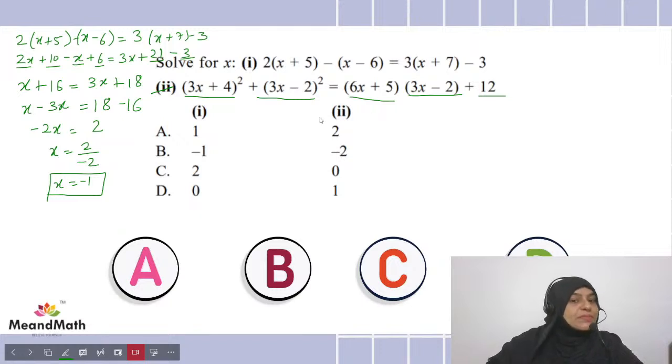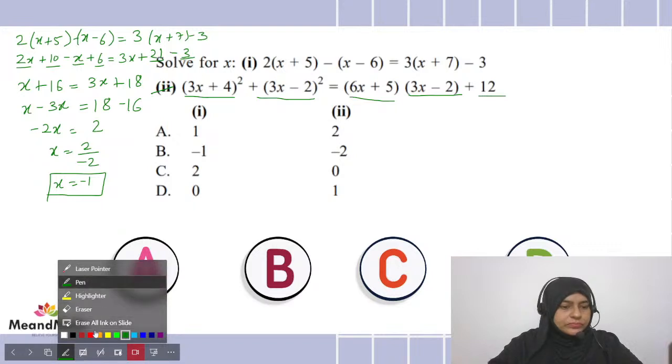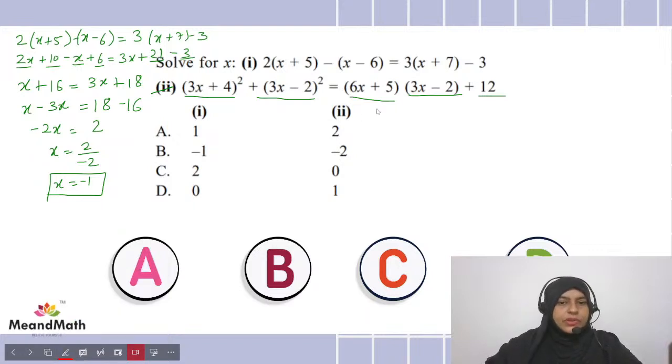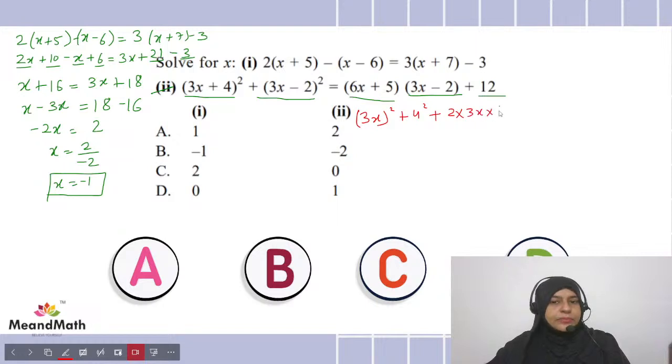So 3x plus 4 to the whole square. Again apply the formula of whole square: a square plus b square and plus 2ab. Okay. Now 3x minus 2 to the whole square. 3x square plus 2 square.